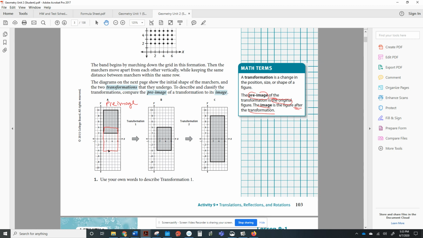And then they're asking you to compare it. You just need to imagine that the pre-image is still there. Okay, so what happened is that we just slid this down.